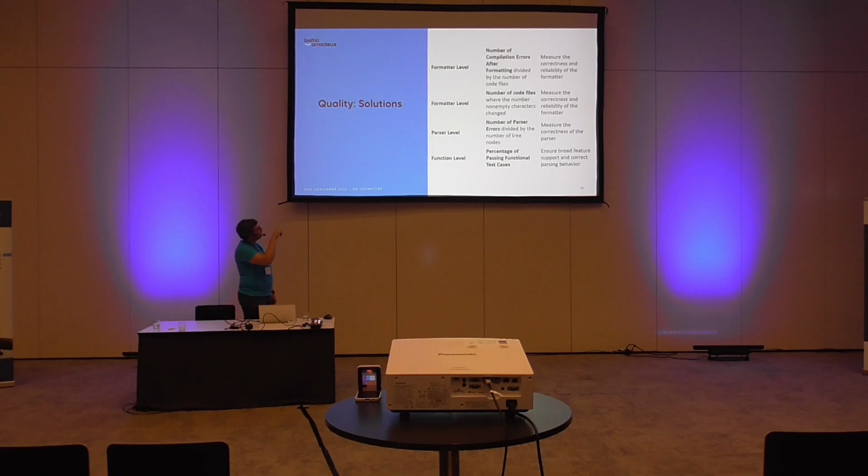Then, of course, we have two formatter level ways to test. Again, we would need existing code bases for that. One is to actually try to compile the code after the formatting and check if it compiles. If we have a lot of code, maybe multiple code bases, it could be beneficial. We could say, if after our new changes everything compiles and thousands of files are working, it should be more or less okay.